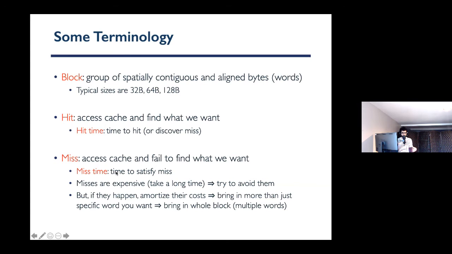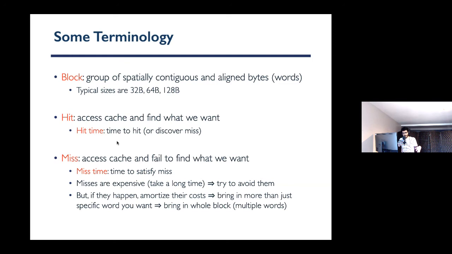So you have already spent the hit time to go to cache, and it wasn't there. So now you realize that your item is not there. Now miss time is the time that it takes you to go to your memory and bring that data back. To resolve this miss, we call it miss time. Again, I want everybody to understand the difference.